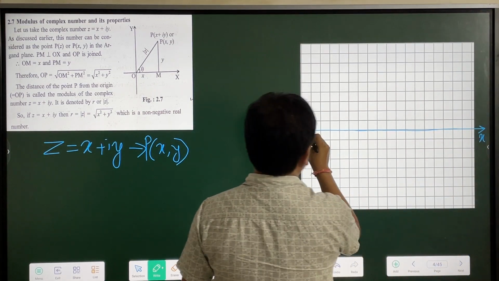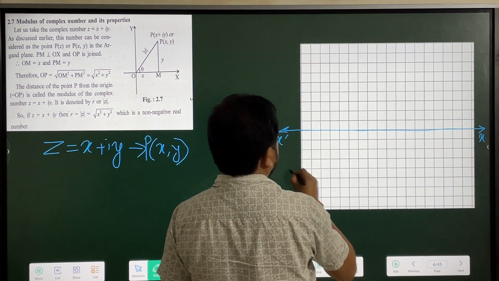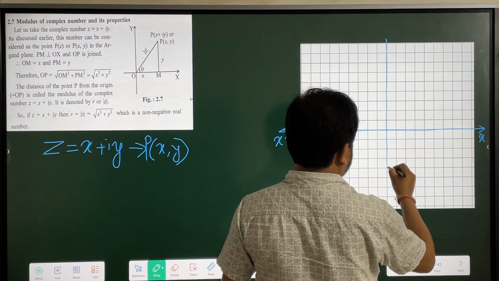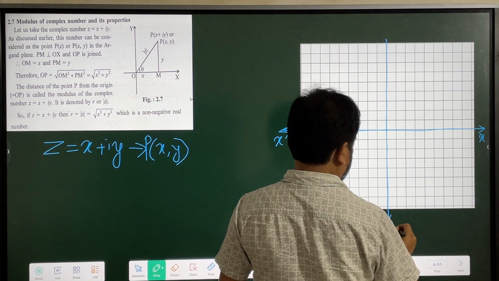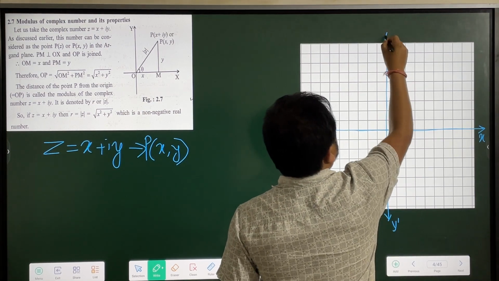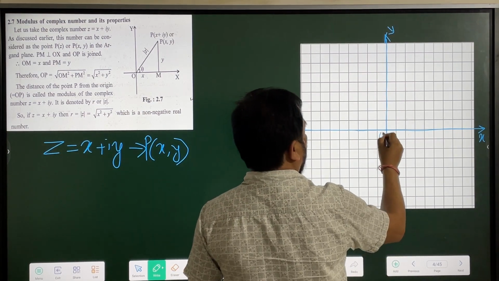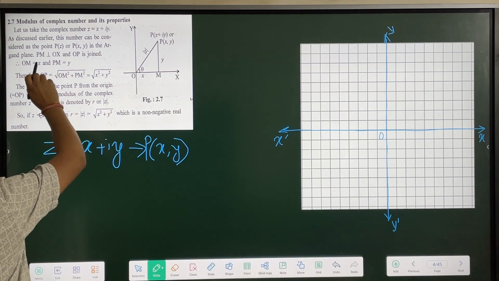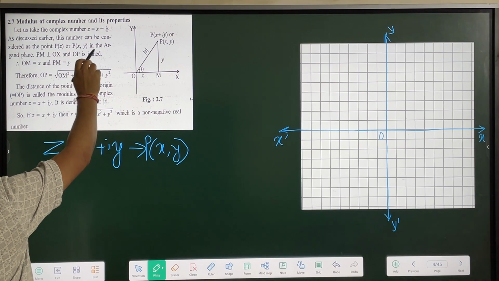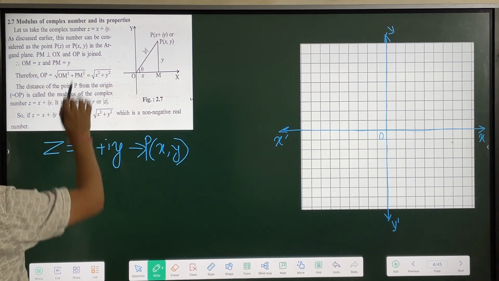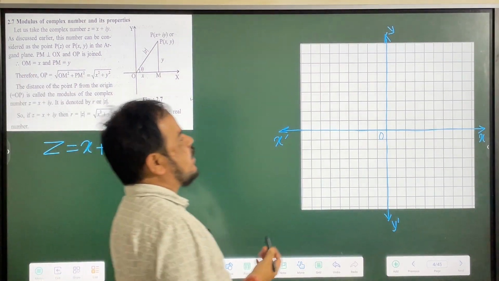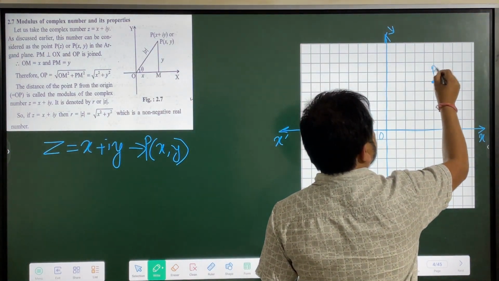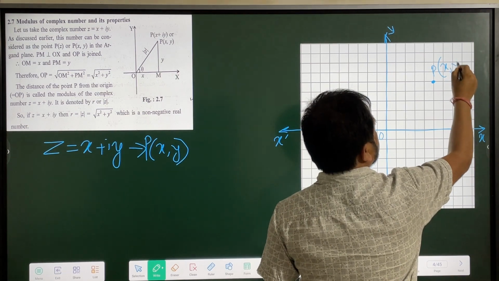Let us draw the x-axis, then the y-axis. This is O, and P(x, y) on the Argand plane. P is just a point taken anywhere. Suppose this is P, the coordinate of this point is (x, y).